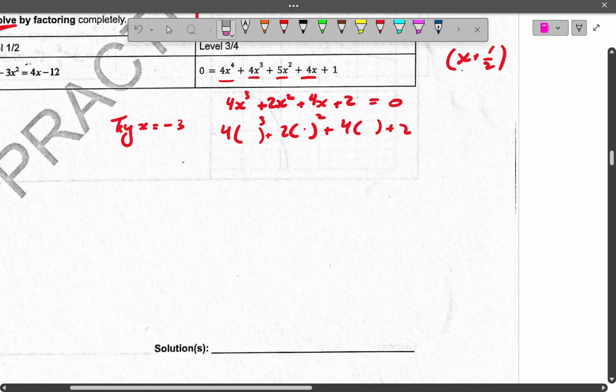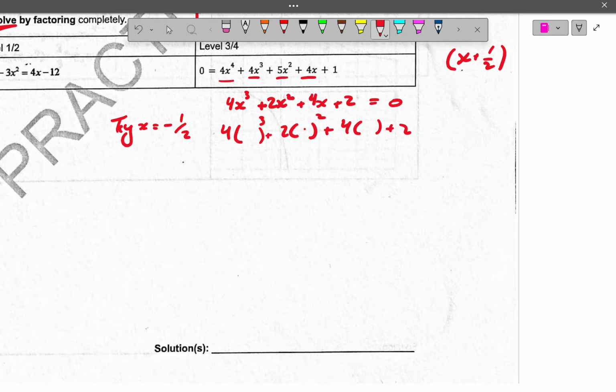Let's try negative a half. So another half here. Negative a half, negative a half, negative a half. And hope this works. So 4 times 0.5 cubed, or negative 0.5 cubed, will give negative 0.5.